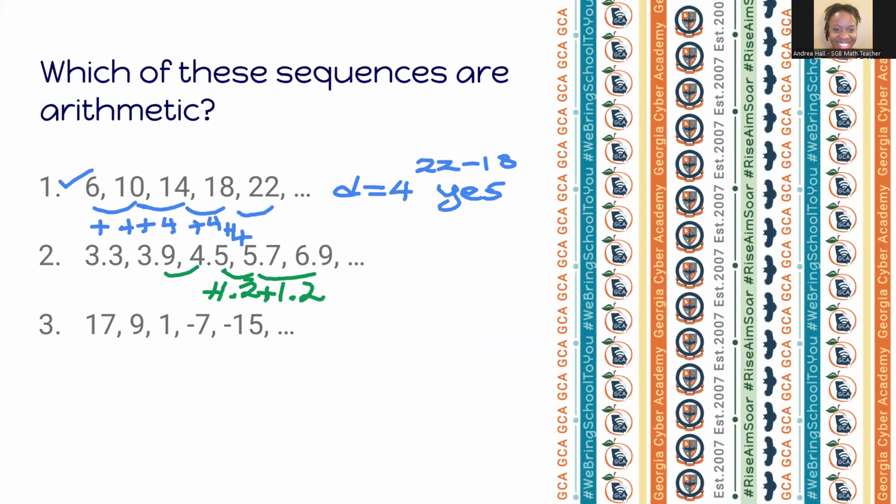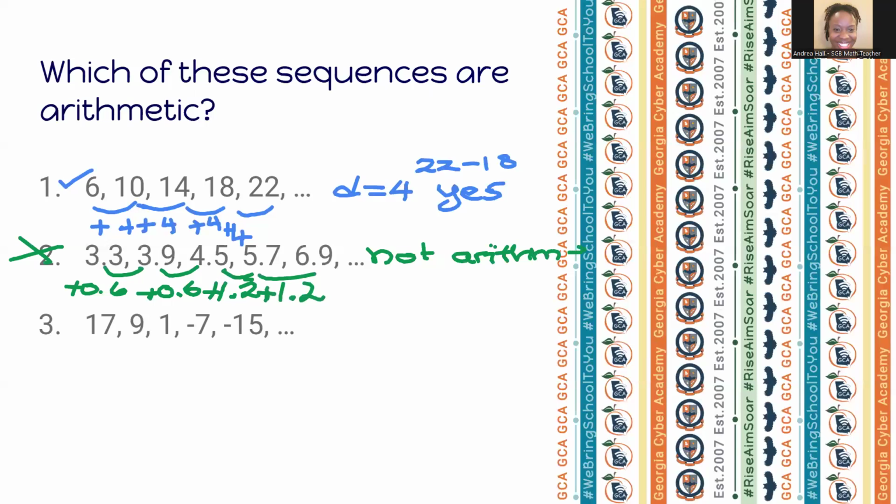But then when I did this, it was 0.6. And when I did this as well, it was also 0.6. So it changed. So this is not arithmetic because it has to be the same for all the digits. So always try it out for all of them. So this is not arithmetic.